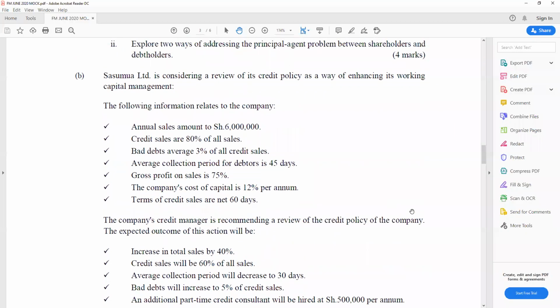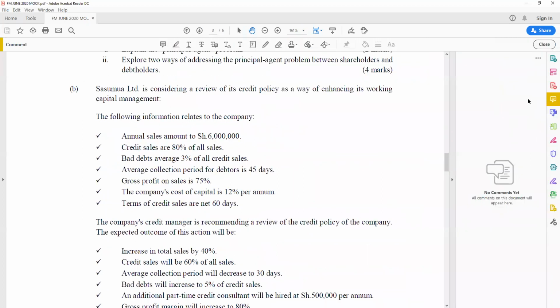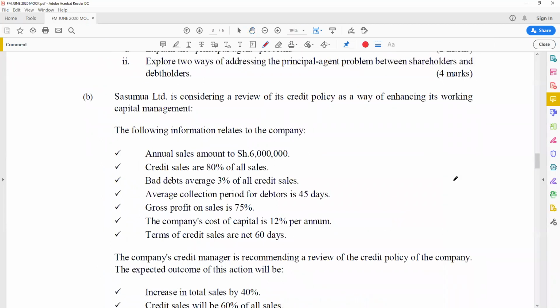Sales currently are 6 million, and the gross profit margin, let me highlight, is currently 25%. So out of the 6 million, 25% is gross profit. Very high, but let's take it up.